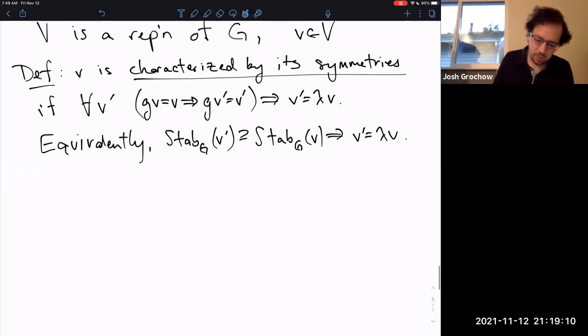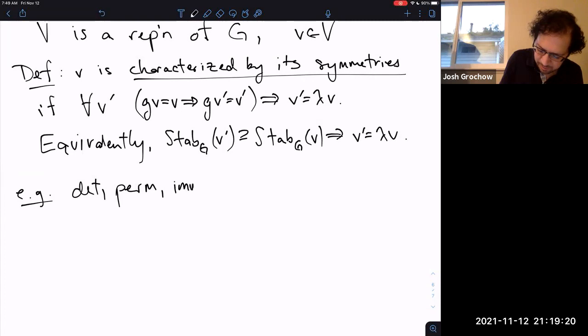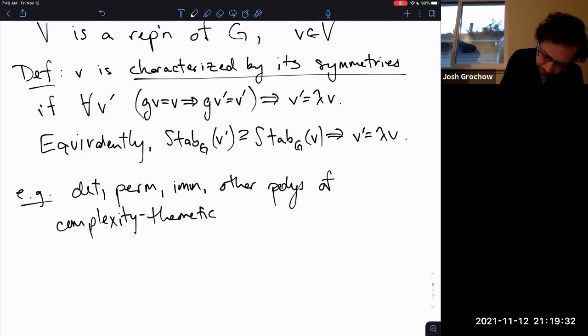So the key examples for us will be determinant, permanent, and iterated matrix multiplication, and several other polynomials of complexity theoretic interest.